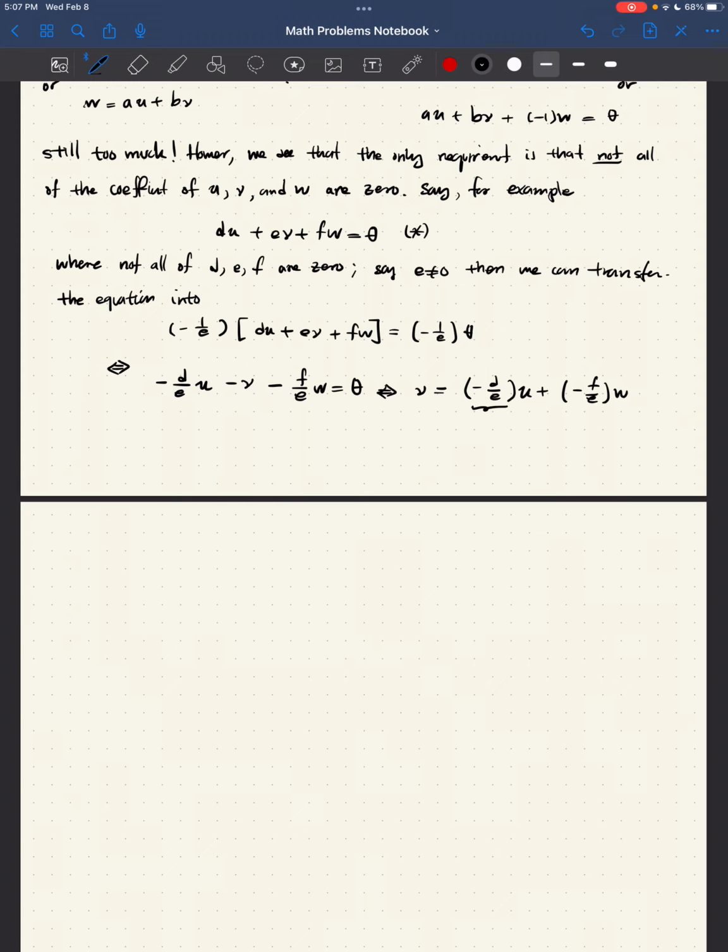Well, this would be your a and your b, right, that you were looking for. Again, this can happen for either e, as we have done it, for d or for f, right?